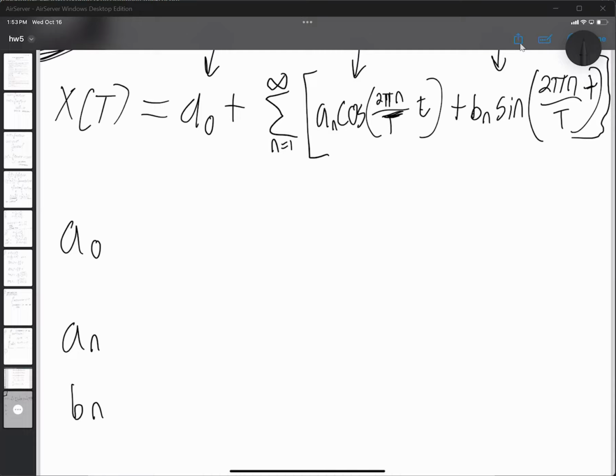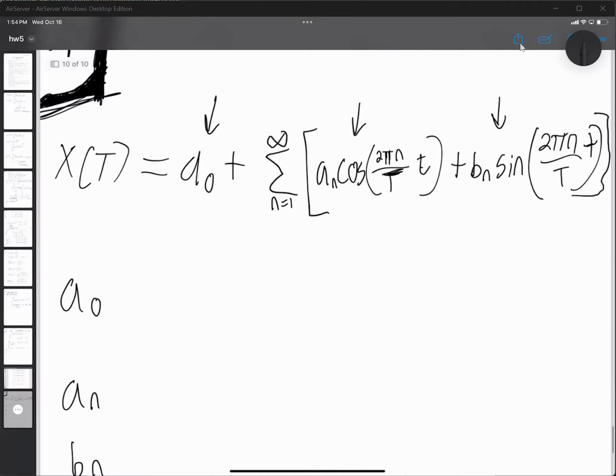Think of it as solving for a series, like a power series in Calc 2. The first term's here, so we need to first find a0, an, and bn.